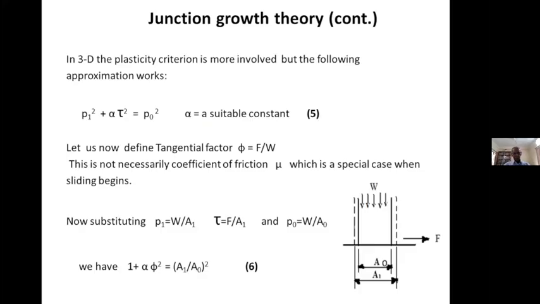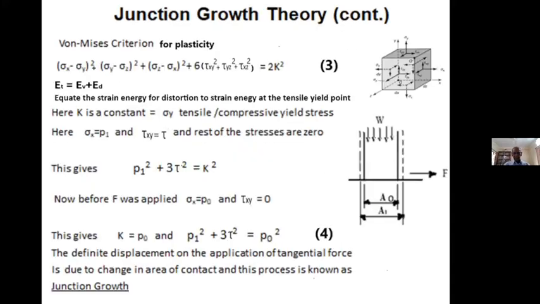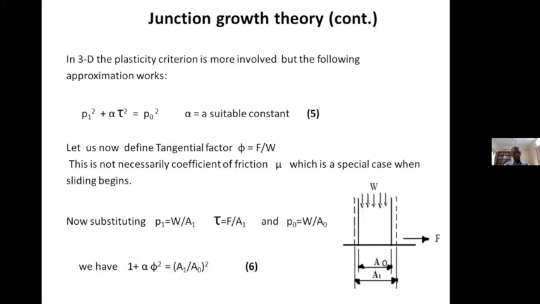But to apply it to a 3D situation is a little complicated, and we are not going into this. We are simply changing the constant 3 tau square. We are making it alpha tau square. So we are saying that P1 square plus alpha tau square is equal to P0 square.